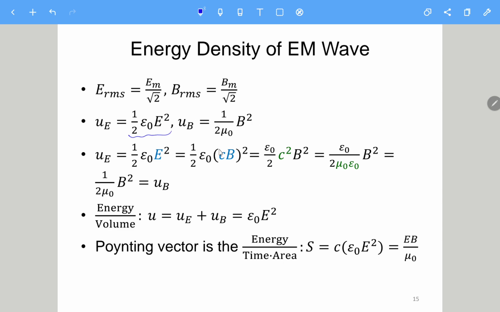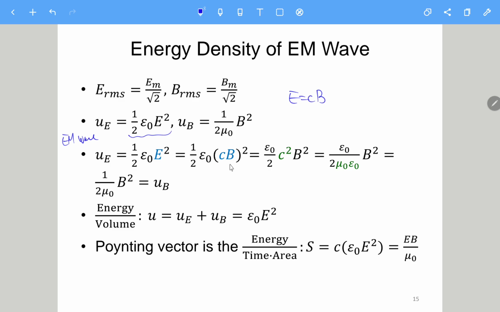But in the EM wave, as we have E equal to CB, or EM equal to C times BM, we don't really need to care about the subscript, as long as they are the same thing. So suppose UE is 1/2 epsilon naught E squared, we can change E to CB.